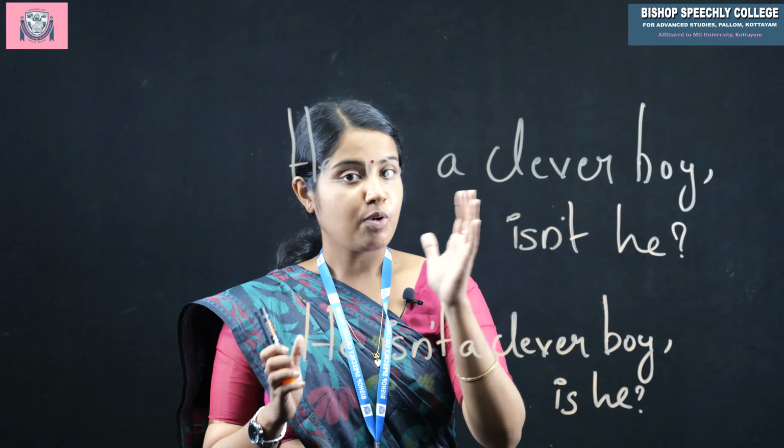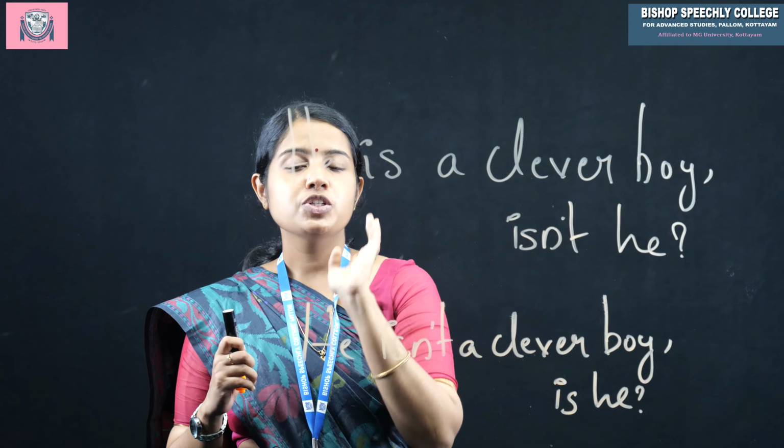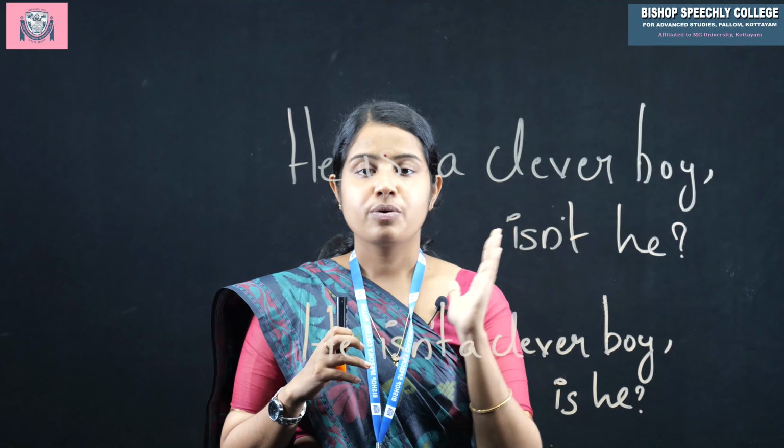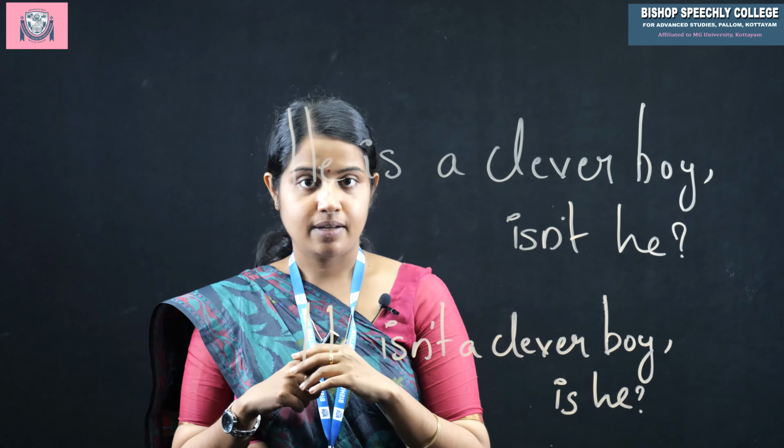So with a positive statement, we give a negative question tag, and with a negative statement, we give a positive question tag. And also, you need to keep in mind the two rules that we need to understand while making a question tag. First is that the subject of the statement and the subject of the question tag should be the same. Here the subject is he, and therefore the subject of the question tag is also he.